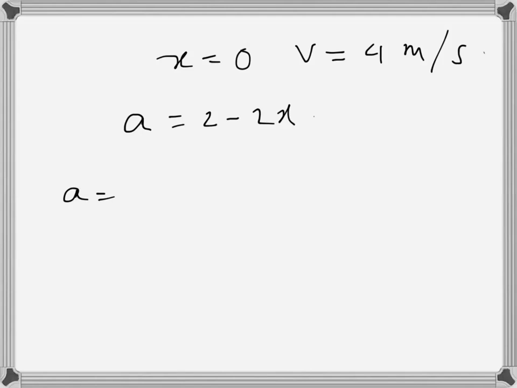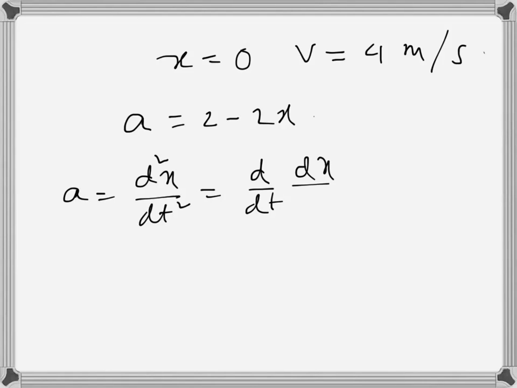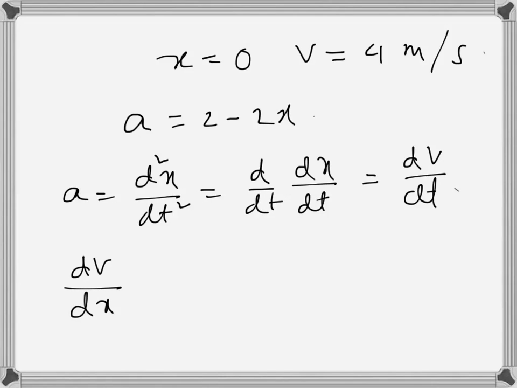So a is d squared x over dt squared, which can be written as d/dt of dx/dt, which is dv over dt. Now this one we can write with differential displacement, dx over dt. Now dv over dx, and this is v actually.